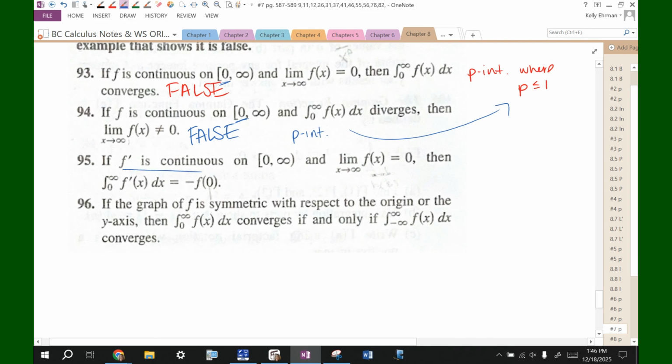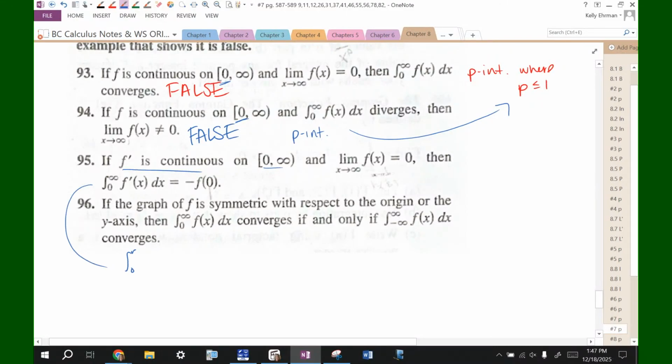95. If f prime is continuous on 0 to infinity, and the limit of f of x as x approaches infinity equals 0, then the integral from 0 to infinity of f prime of x dx equals negative f of 0. Let's see. So let's just parse this out here without a bunch of limit notation.